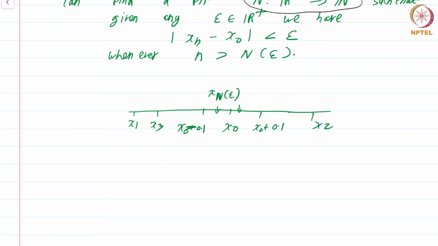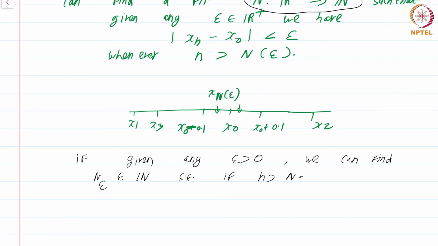We say that xn converges to x0 if given any epsilon greater than 0, we can find N epsilon in the natural numbers such that if n greater than N epsilon, then mod xn minus x0 is less than epsilon.